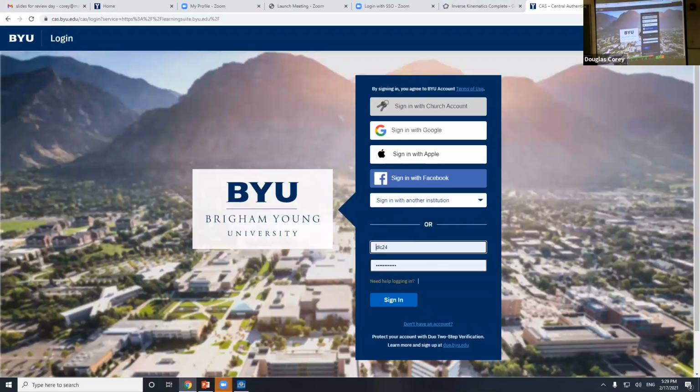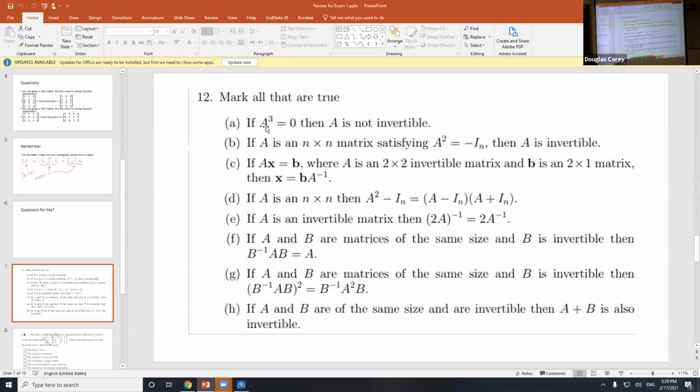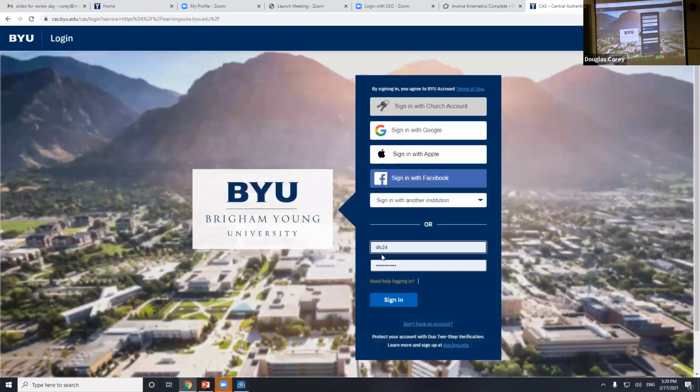So while I'm doing this, you guys can be thinking about the first problem here. If I have a matrix and I cube it, and I get the zero matrix, is that matrix invertible or not? Okay, so be thinking about that. You can talk to your neighbor about that while I pull up this exam.